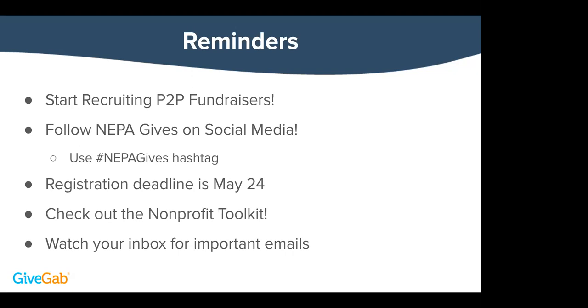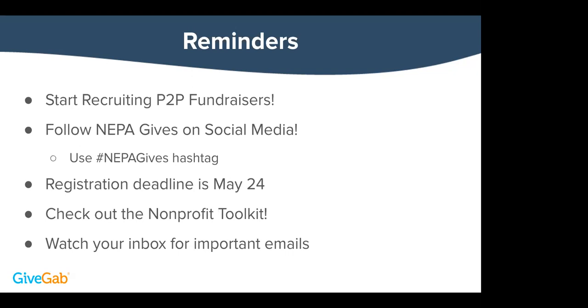And then, of course, we can't stress it enough. You'll probably hear it another 100 times, but check out the nonprofit toolkit. It has a ton of information that you will really rely on, from now up until the campaign and even after. So check out the nonprofit toolkit, and most importantly, keep an eye out on your inbox for any important emails, whether it's coming from the foundation or their team members, or even GiveGab.